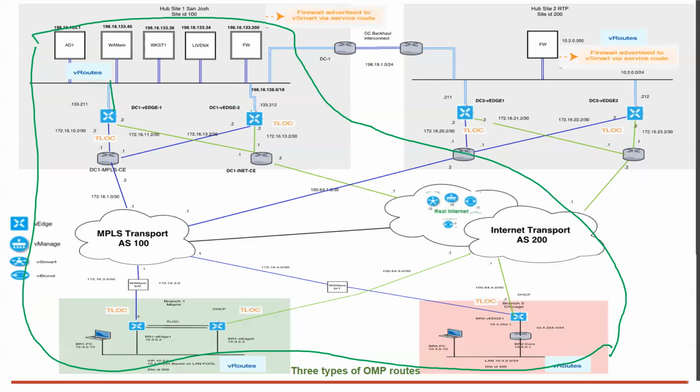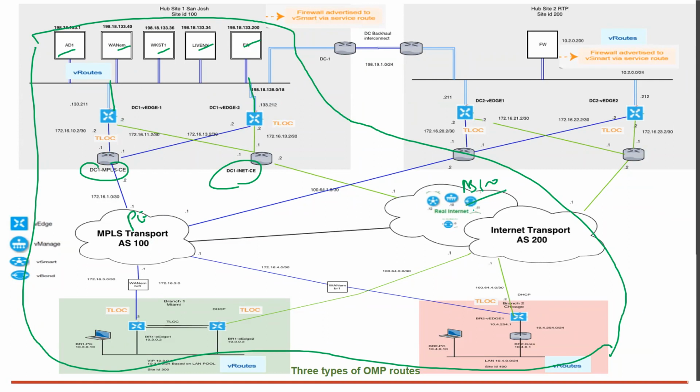You have LAN interfaces, VPN 10 and 20, where we have all these ADs, workstations, firewalls, etc. Then you can see the CE router, Internet CE, going towards PE routers inside the cloud, and then one cloud with a different AS, I think AS 100 or something.